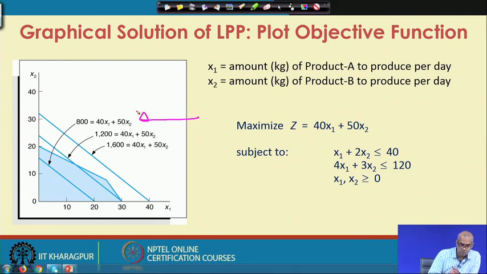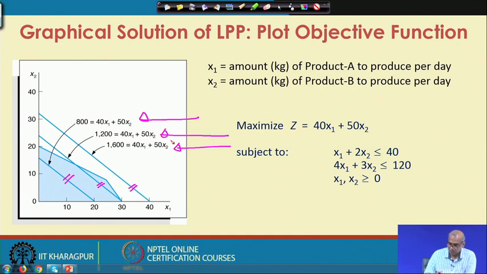Here we have plotted 40x1 plus 50x2 equal to 800 as the objective function. Next we have plotted 40x1 plus 50x2 equal to 1200, and then we have plotted 40x1 plus 50x2 equal to 1600.